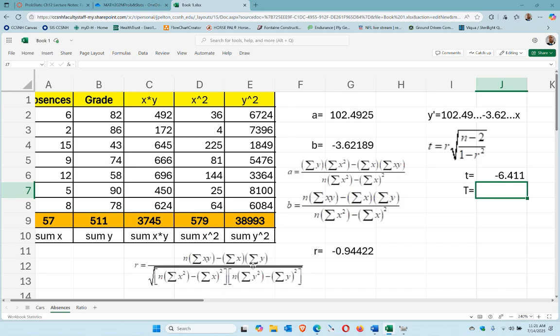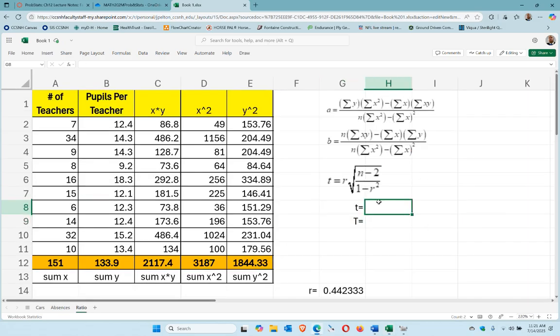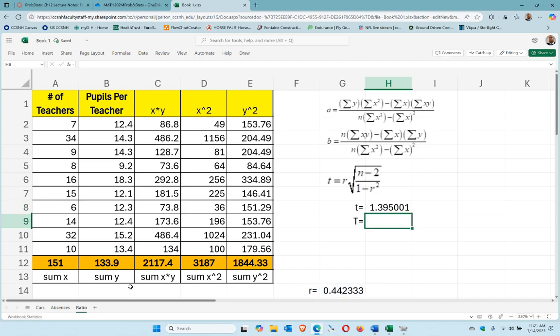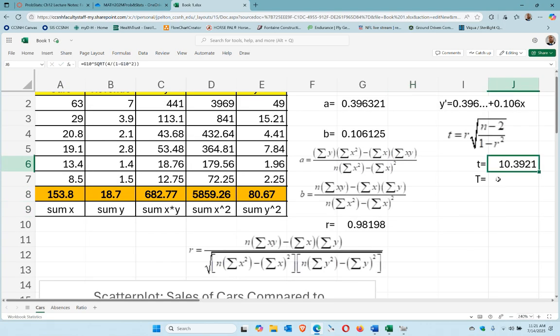Then for our final observed t, equals the r times the square root, parentheses, I don't remember what this was, 1, 2, 3, 4, 5, 6, 7, 8, 9, 10. Minus 2 is 8, divided by parentheses 1 minus r squared, close paren twice. There is that.